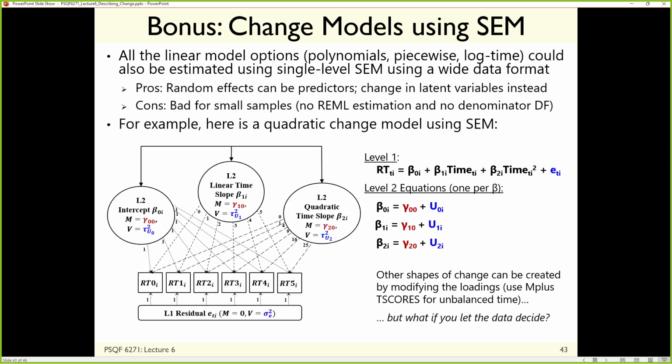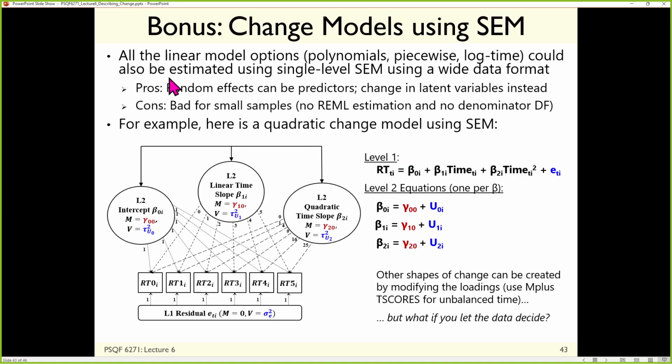So for those of you who haven't had SEM yet, no worries, you're not going to be responsible for this, but for those of you who are learning those models, I wanted to provide this as a tie-in to the other class. So this is what a quadratic model would look like if we estimated it as a single level structural equation model.